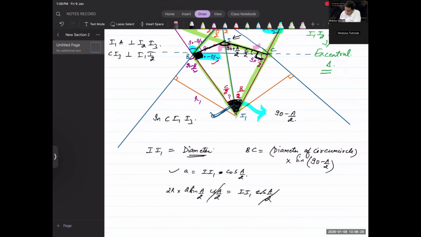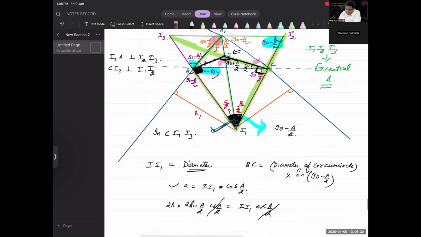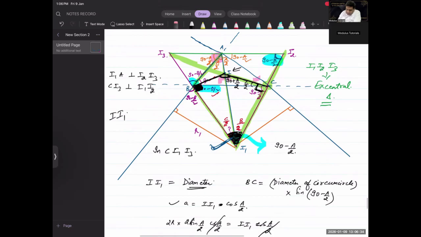So cos A by 2, cos A by 2 cancels. And guys, I've been able to establish II1 is equal to nothing but 4R sine A by 2. Guys, this is the distance between Incentre and Excentre. Got it? Any problem whatsoever? I hope this is simple, guys.